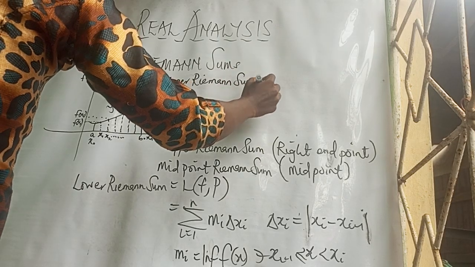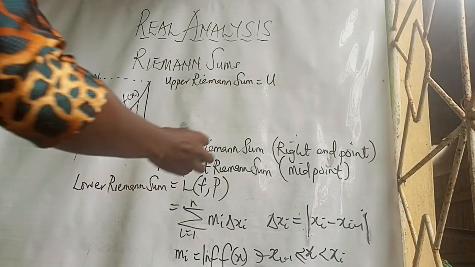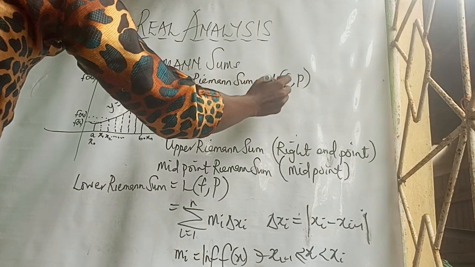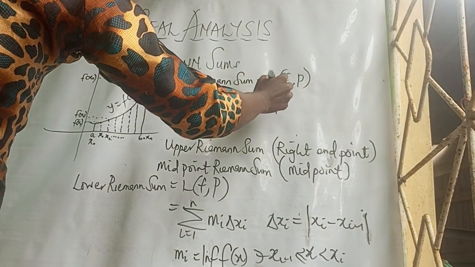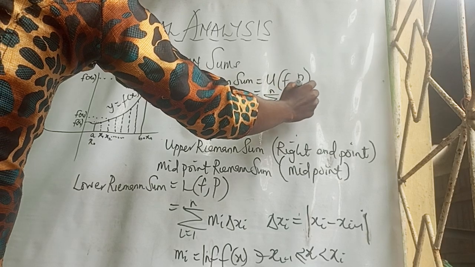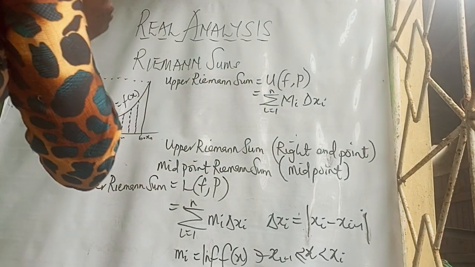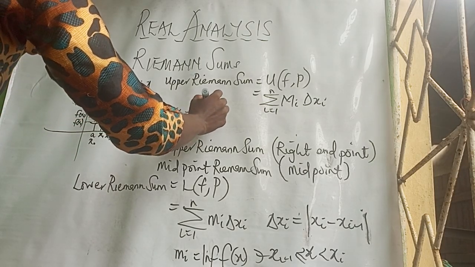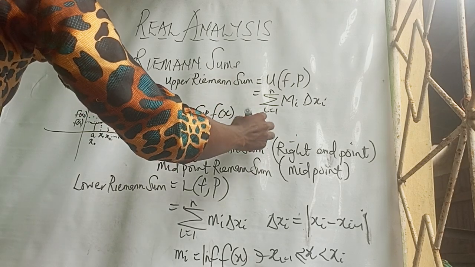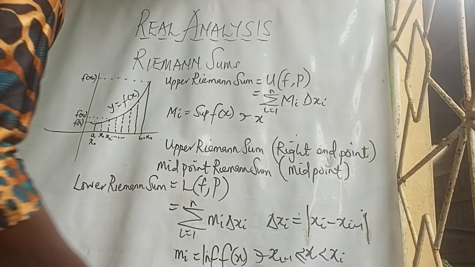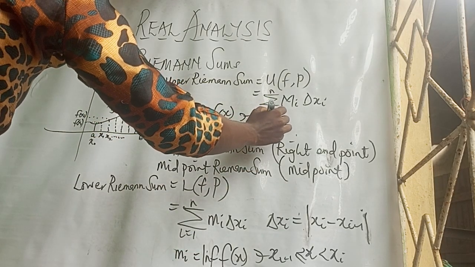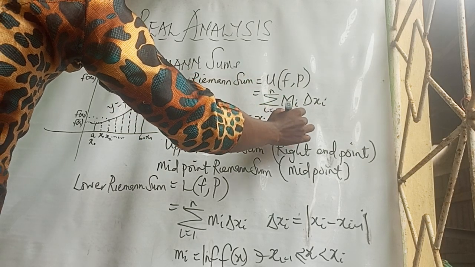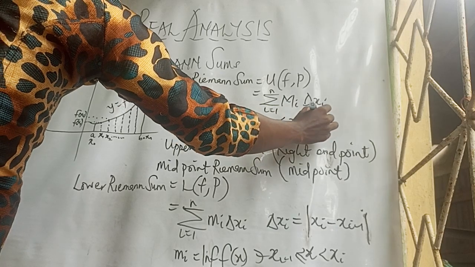The upper Riemann sum U of f with respect to partition P is equal to the summation as i moves from 1 to n of capital Mi delta xi, where our capital Mi now is the supremum of f of x, such that xi minus 1 is less than or equal to x less than or equal to xi.